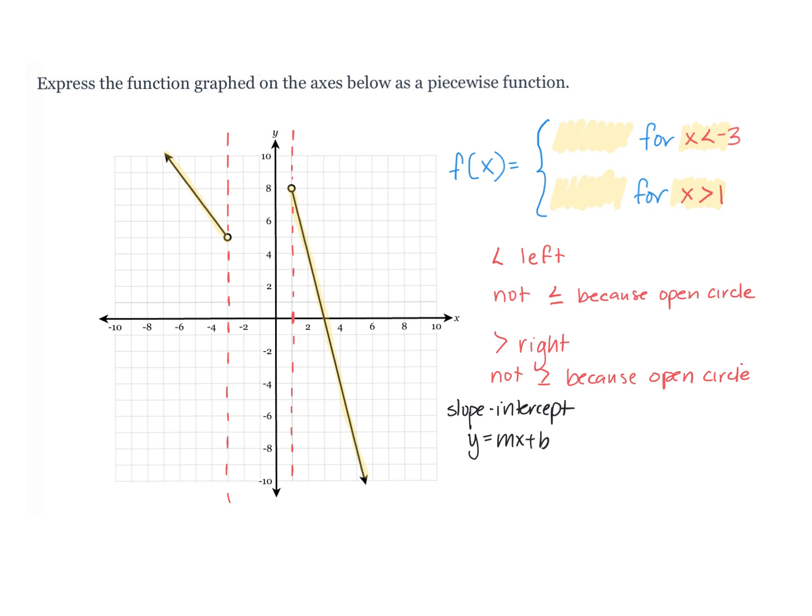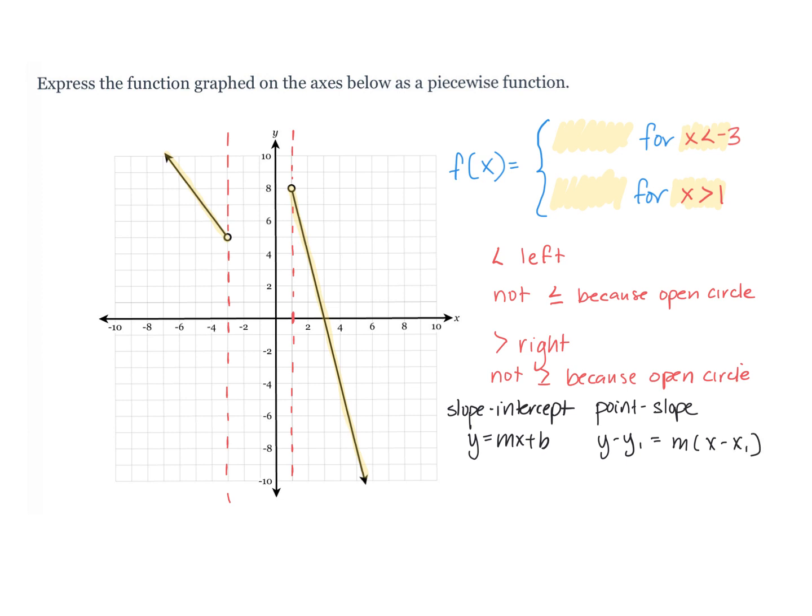And then we have the point slope form, and that is y minus y1 equals m times x minus x1.